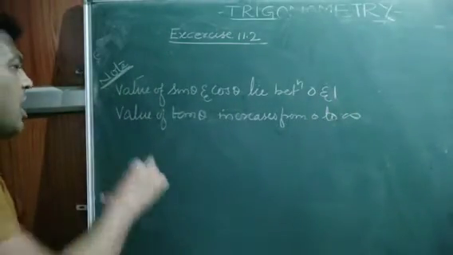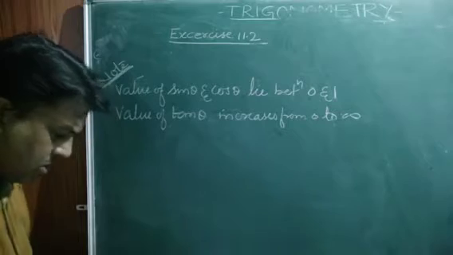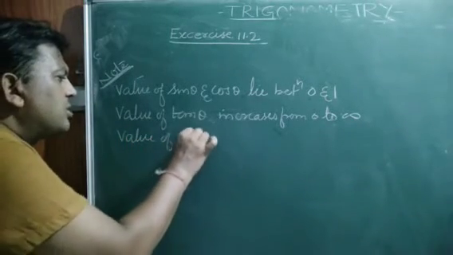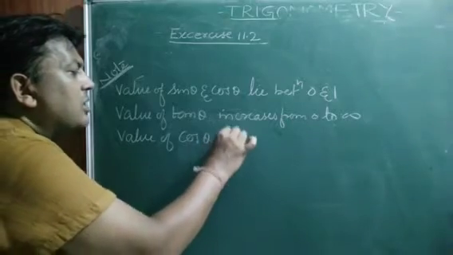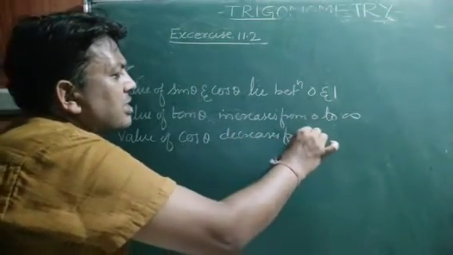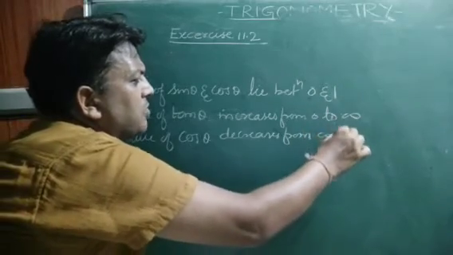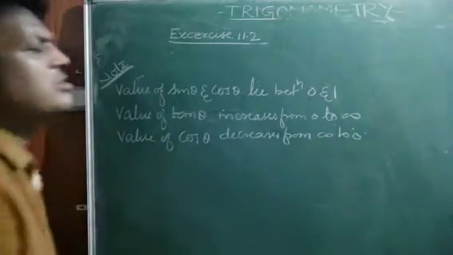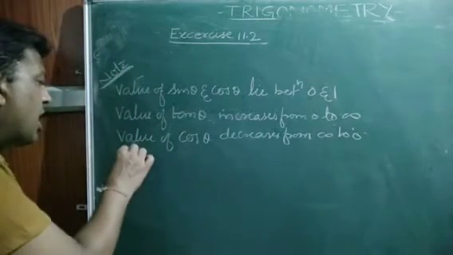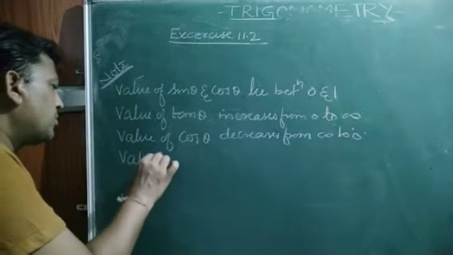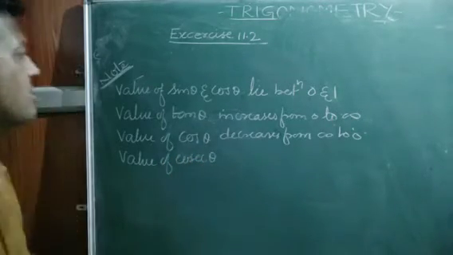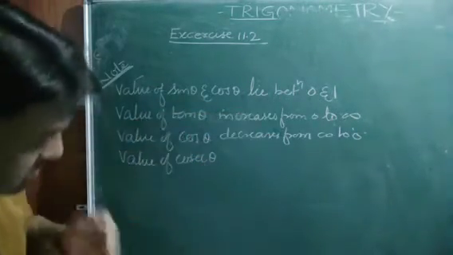Okay children? And next we come to cot theta. The value of cot theta is its opposite. Cot theta is the inverse, so it decreases from infinity and goes to 0 children. Okay children? The case of cosec theta. Sin theta lies between 0 and 1.